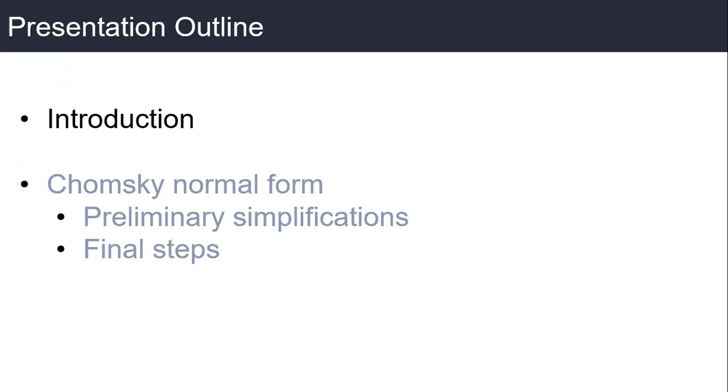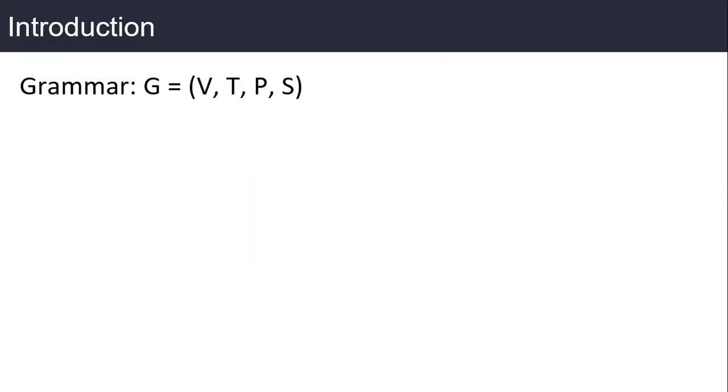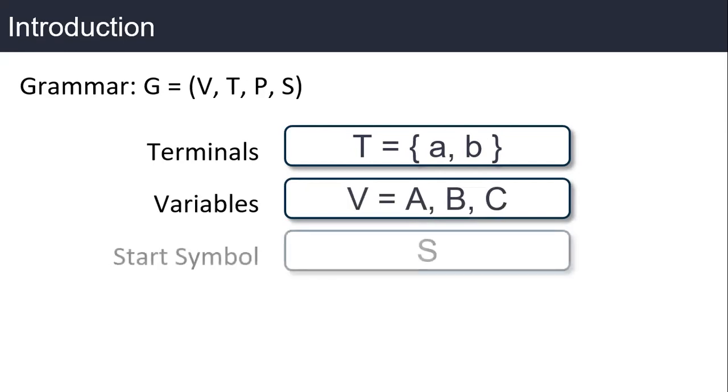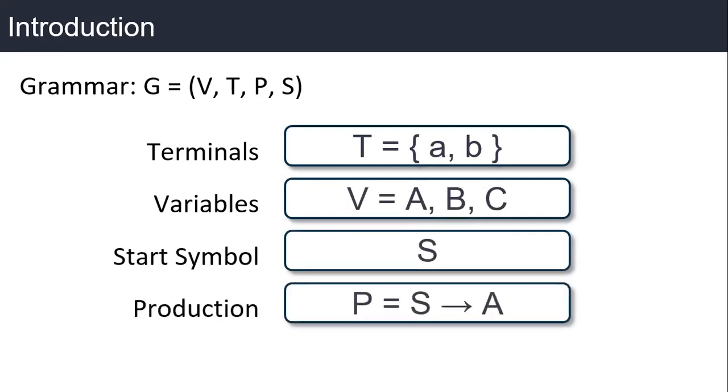In the outline, we are going to talk about what CNF, Chomsky normal form, is, and how to convert a grammar into CNF. First of all, what is grammar? Grammar consists of four tuples V, T, P, S, where T is terminal, V is variable, S is the starting symbol, and P is production.